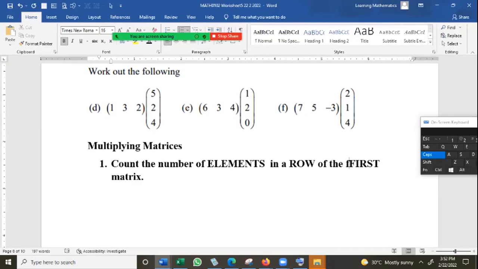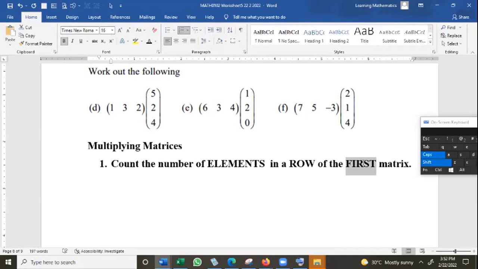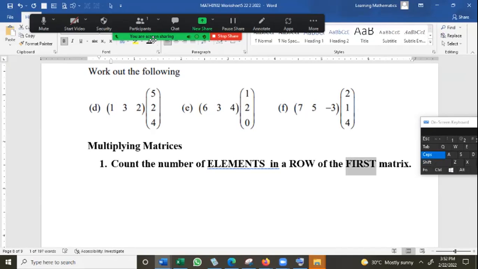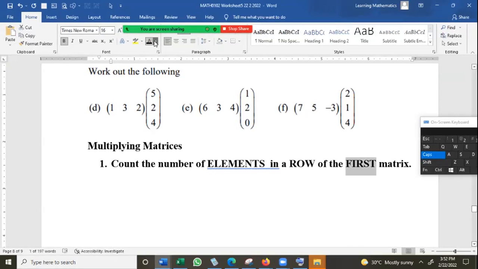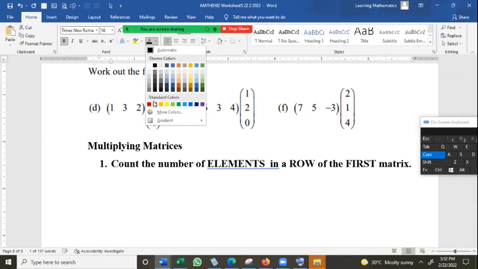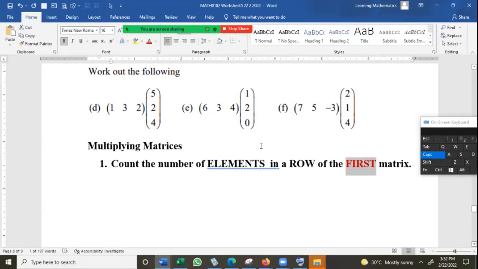That's the first thing you do. You can even take this down, because those numbers are linked to each other.